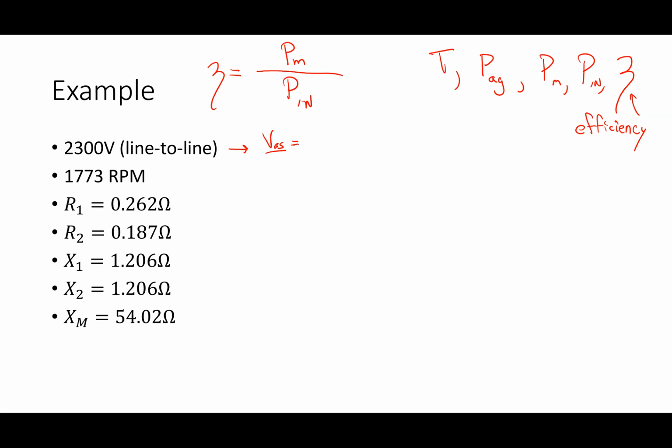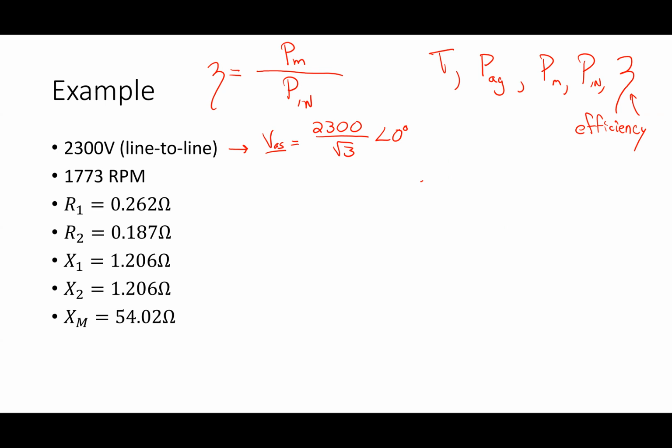So what is that going to be as a phasor if I have 2300 volts line to line? 2300 divided by square root of 3, with an angle of 0 degrees. The angle is not particularly important. I can just shift the current to accommodate it, but usually we just say that A phase voltage is 0 degrees. So we're going to do the analysis with that.